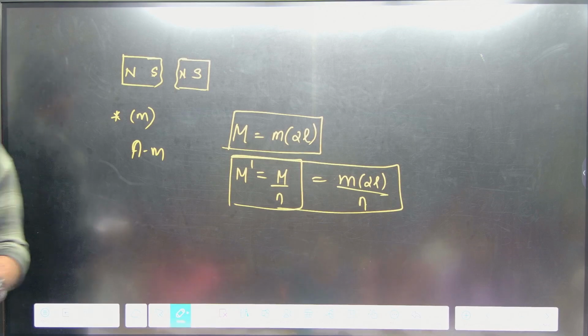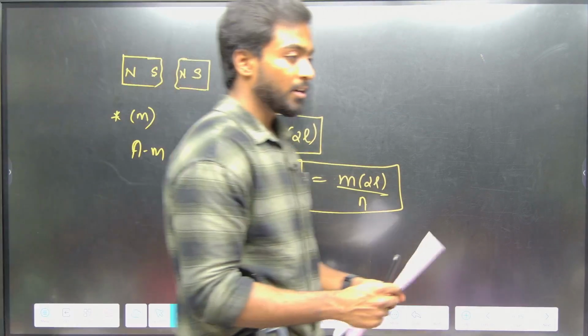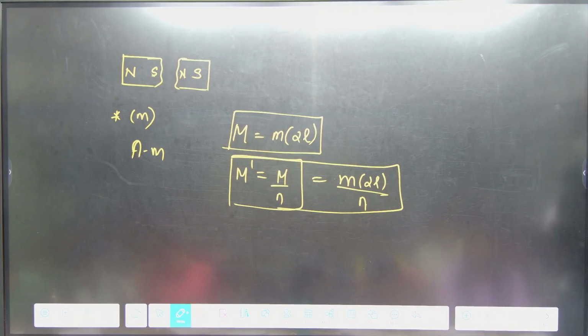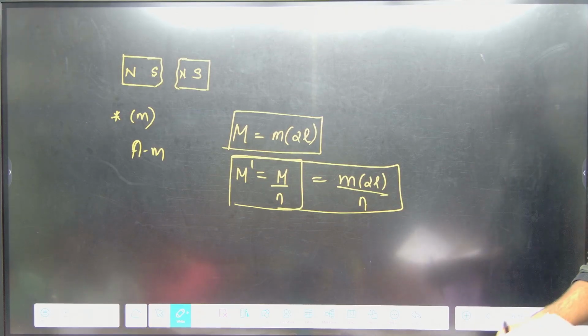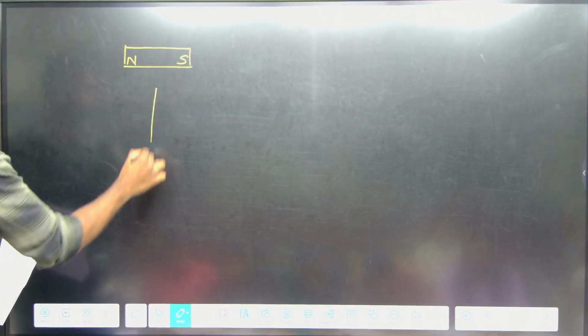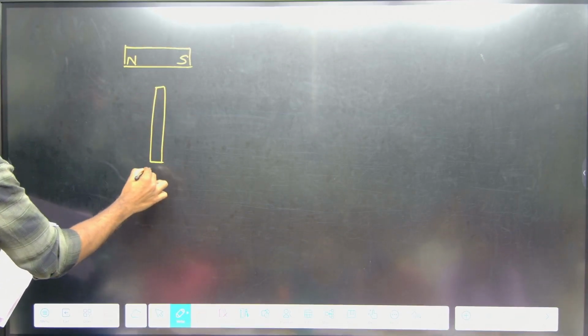Write on the next topic, bending the magnet into different shapes. So if this is my magnet with north pole and south pole, I can bend this magnet into an L shape.